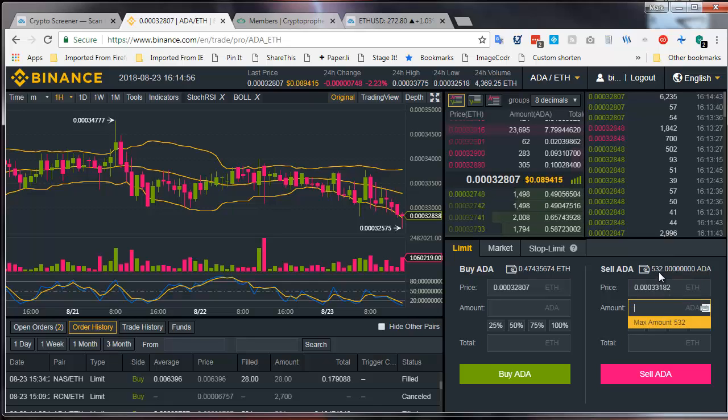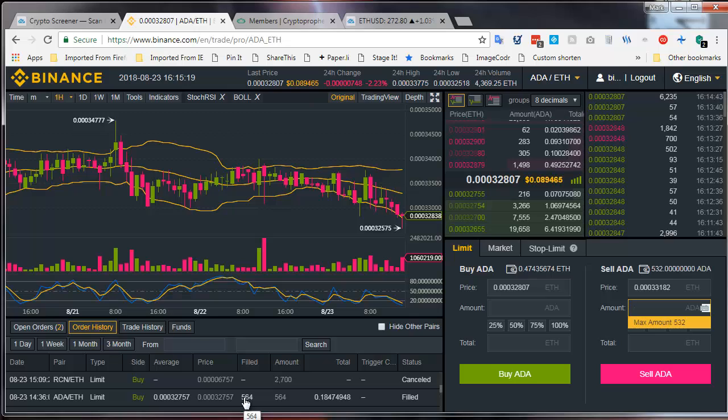Choose the number. So half of that amount. I've already put my sale order in for this particular case, but I would just put half that amount that's available there, or half the amount that I've purchased. I've actually got ADA in this account, so I need to take half the amount that I actually bought. I bought 564, so I need to put in 280.